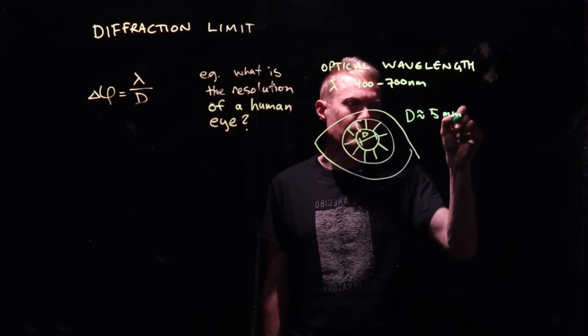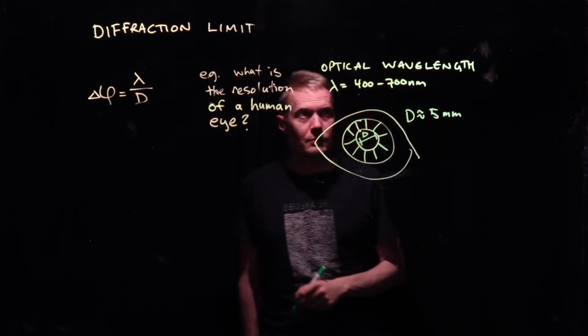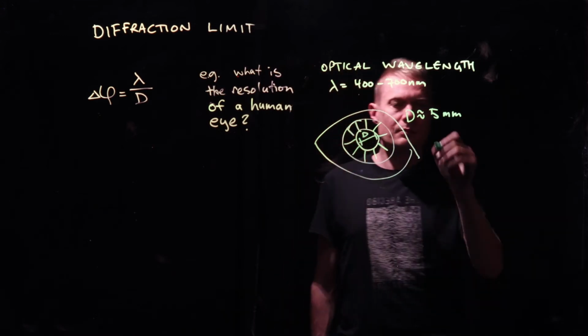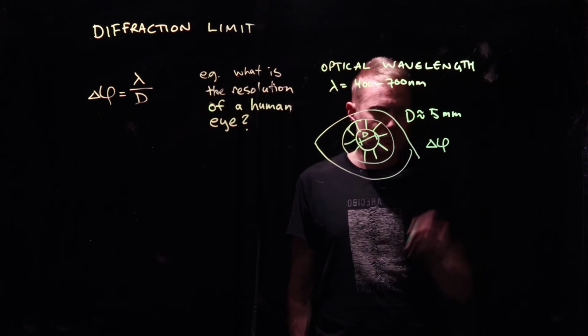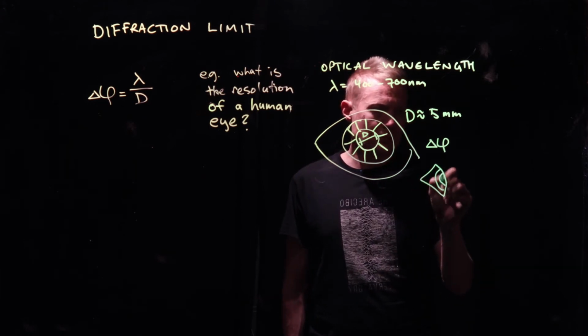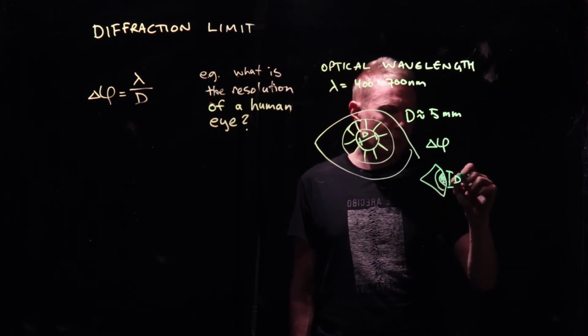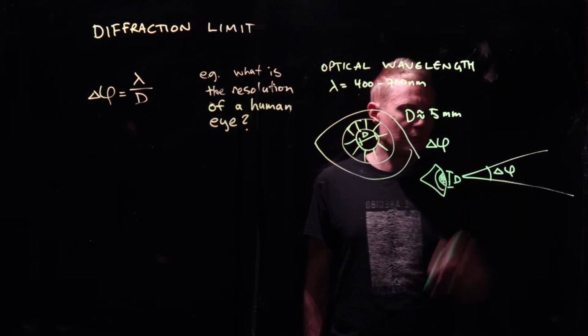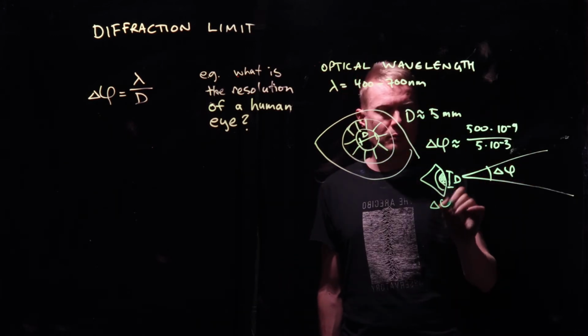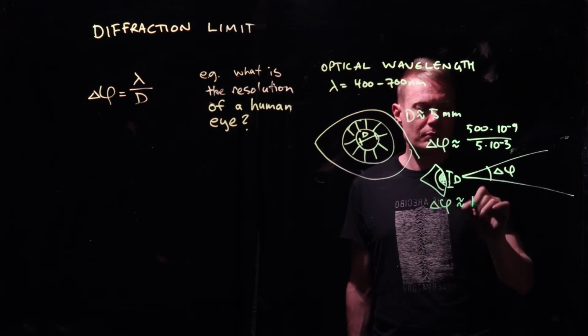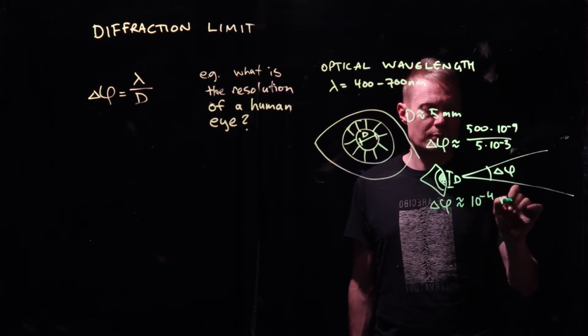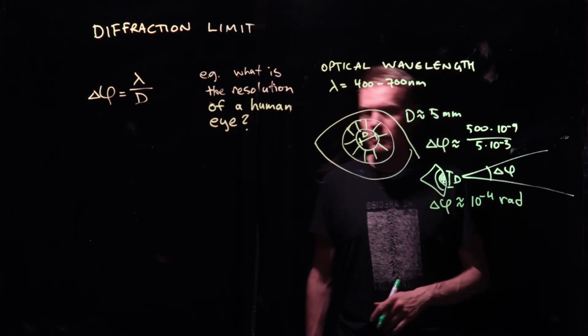The aperture diameter of your eye is approximately the diameter of the pupil, and I have assumed it to be 5 millimeters. Using the diffraction limit equation, we can now estimate the smallest possible angle that we can resolve using a human eye. By plugging in the numbers, we obtain approximately 10 to the minus 4 radians. A quick Google search indicates that this number is approximately in the correct ballpark.